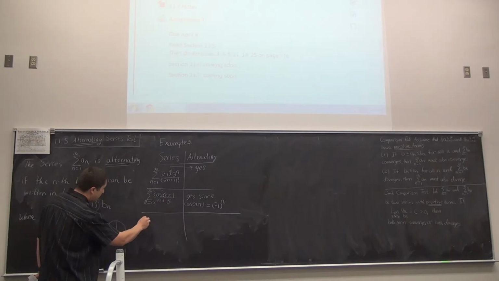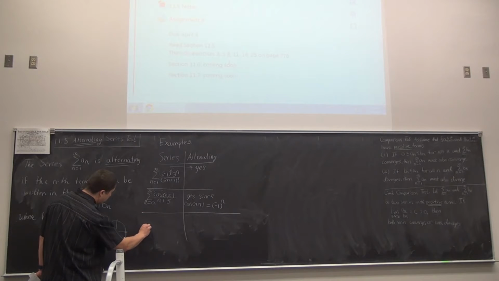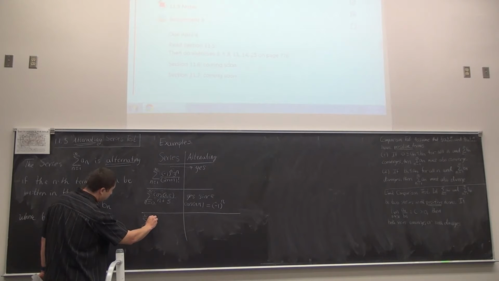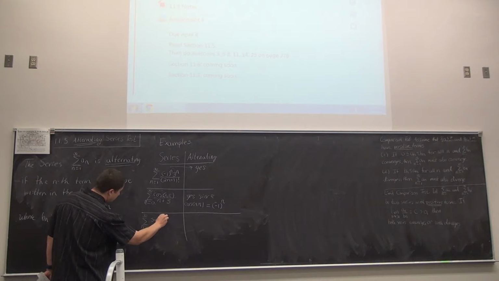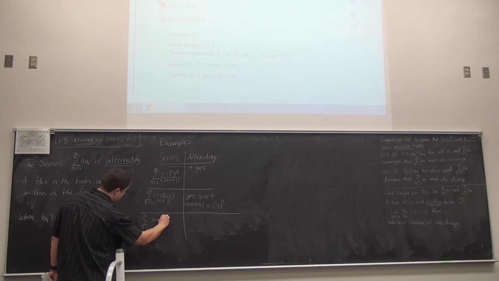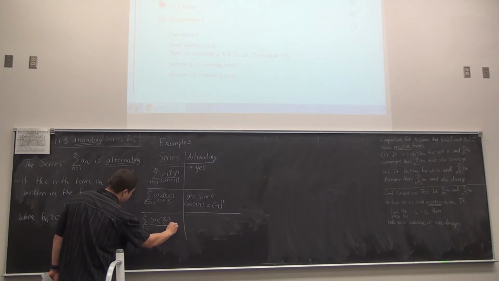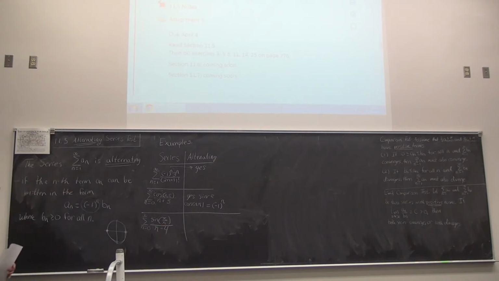Let's let this one be, how about summation as n goes from 0 to infinity. Now let's let this one be something like, how about sine of pi divided by n, divided by n minus 4.